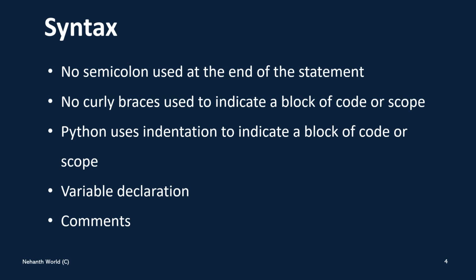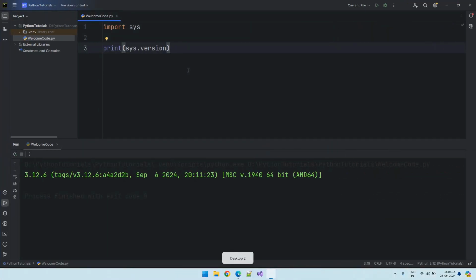The third point says, in Python, we use indentation to indicate a block of code or scope. So unlike other languages, in Python we use indentation to indicate the if block, while block, for loop block or method block. Let us look at how we can do indentation.